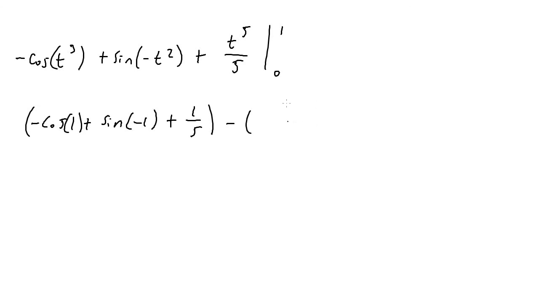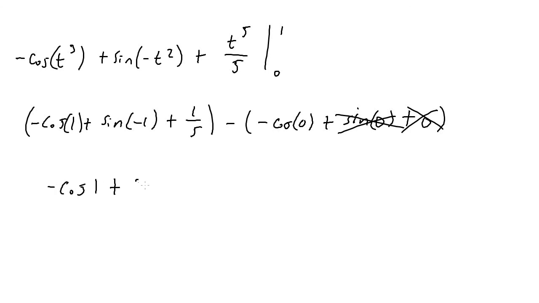Minus, when I plug in 0, we get negative cosine of 0 plus sine of 0. And then we have plus 0 to the 5th over 5, which is 0. So that will cancel. Sine of 0 is also 0. That will cancel. And so we have negative cosine of 1 plus sine of negative 1 plus 1 over 5.